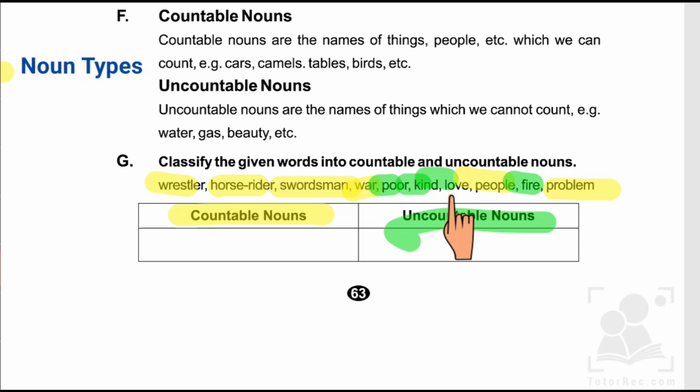They are not countable yet can be measured to some extent, such as poor, kind, love, fire. We say he is so kind with me. So how much? To what extent is he kind? He loves me a lot. A lot means how much? You cannot count. So the first two important categories we learned of noun are countable and uncountable. Let's move ahead.